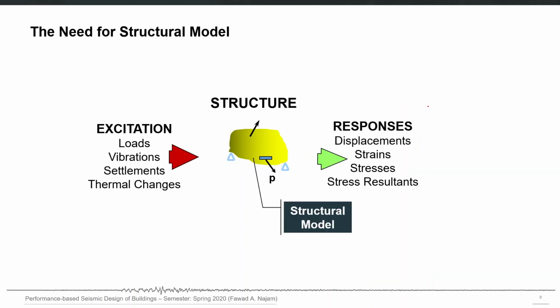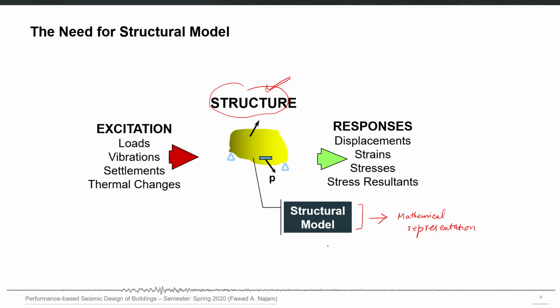Before we apply that, we have to idealize our structure into what we call a structural model in our computer. A structural model is a kind of compromise between a real structure and its mathematical representation. So you have a real structure on one side, and a mathematical representation on the other, and in between is your structural model.